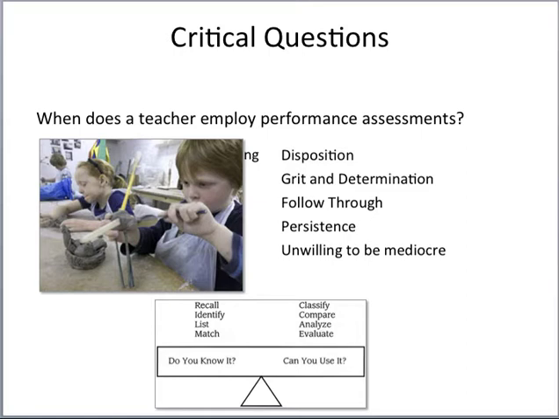How hard will someone work to produce a product or to perfect a performance that is representative of not only what they know and are able to do, but of their character and of their performance persistence, a skill that I think is highly valuable. You heard this mentioned in the video. So there are some things you can look at with your students with respect to performance assessment that you can't see from a paper pencil test alone.